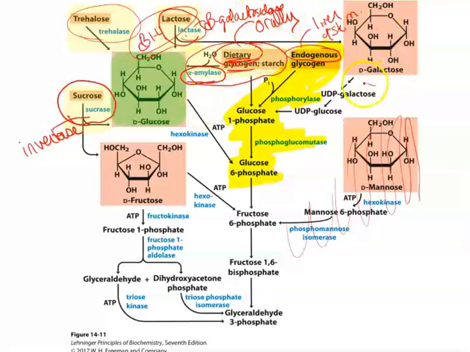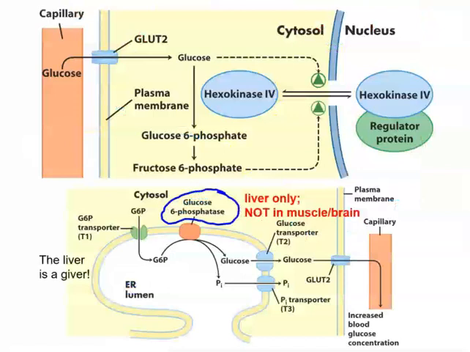So the only other thing we need to look at here is how do we get the carbons of galactose to flow into glycolysis? And galactose needs to go through several transformations in order to be converted into glucose 1-phosphate. So how do we get glucose into the cell? Glucose is a large polar molecule. So we need a transport protein.